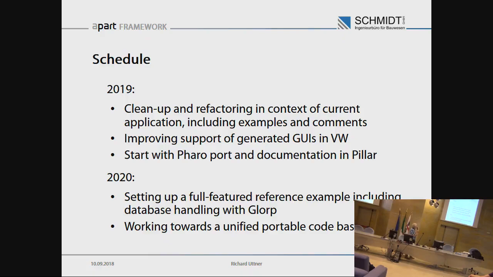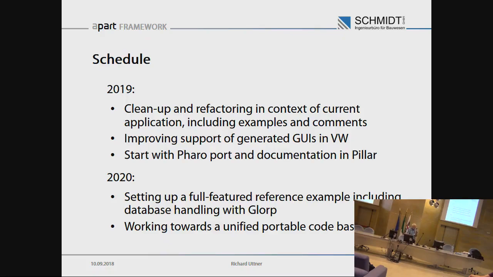In 2020, the year after, we are hoping to have a full-featured reference example, including database handling with Glob, so that the documentation does not only include simple things, but we will also have a reference example that's also for testing reasons, because if you have complex objects there, then it's easier to do that on basis of a reference example and of the real application you are dealing with.